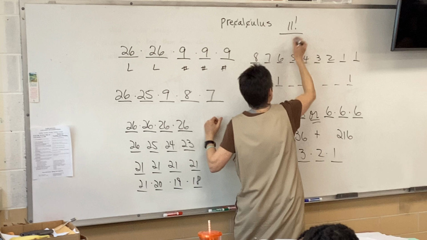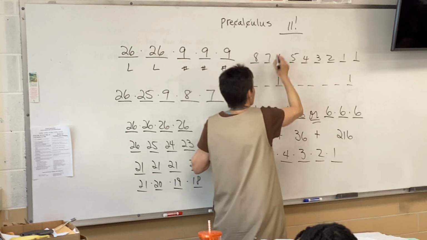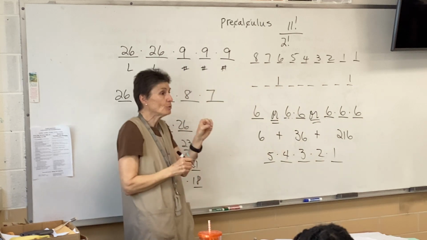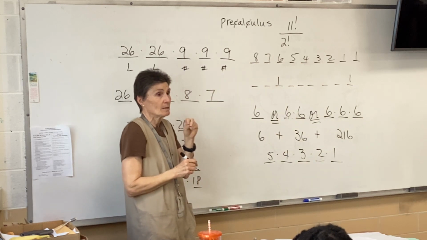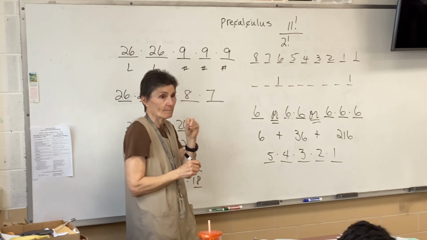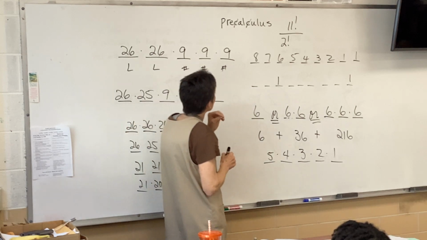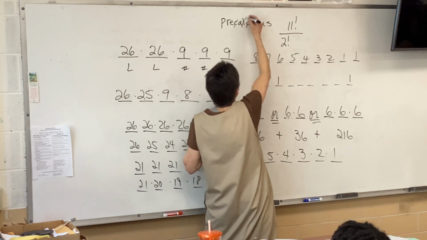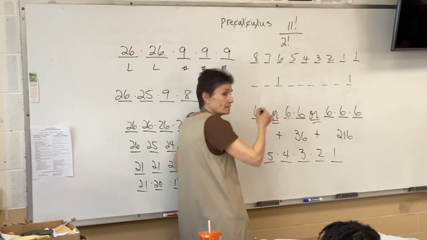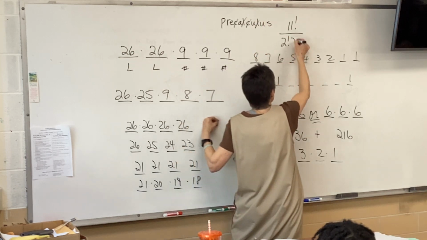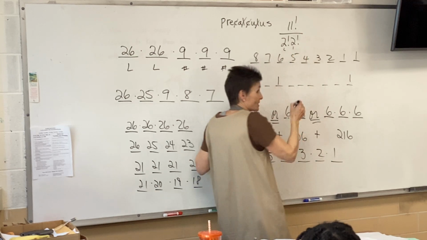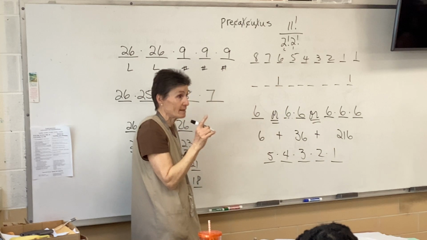So we're going to take that 11 factorial and divide it by 2 factorial because there's 2 C's. But wait, there's 2 L's, right? So I'm going to divide by another 2 factorial. So this is the C's, this is the L's. I do each letter separately, okay?